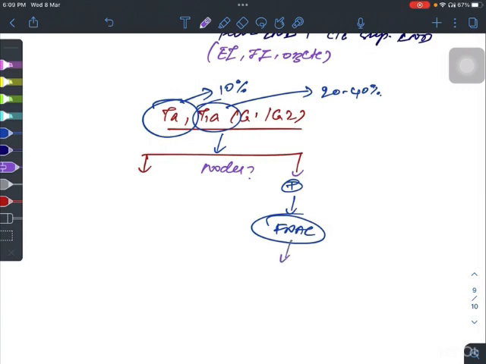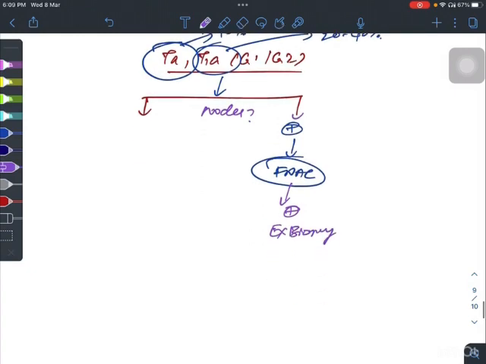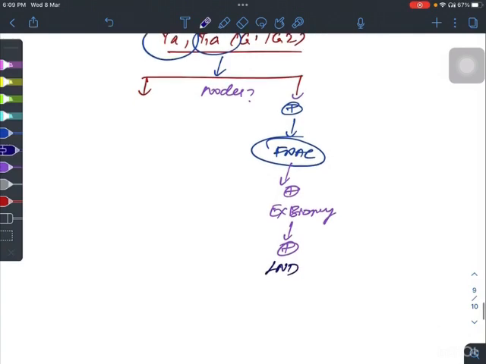So if the FNAC is positive, go for excisional biopsy. If the excisional biopsy is positive, you go for lymph node dissection, same as I have mentioned before.